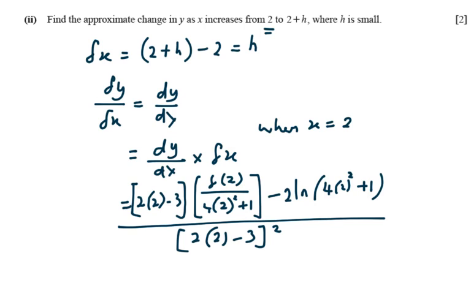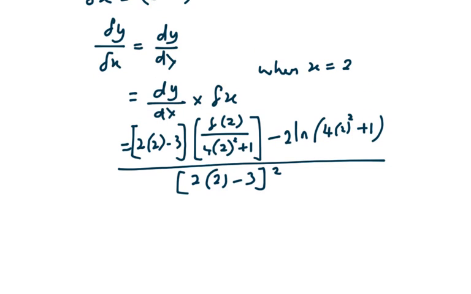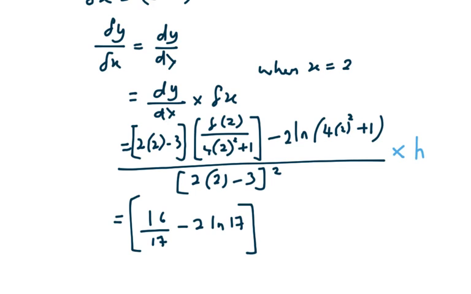Putting all the values in your calculator, you will be able to get 16 over 7 minus 2 ln of 17. And to continue with this, you have to multiply with the change in x, which is h. So this whole thing is multiplied with h.